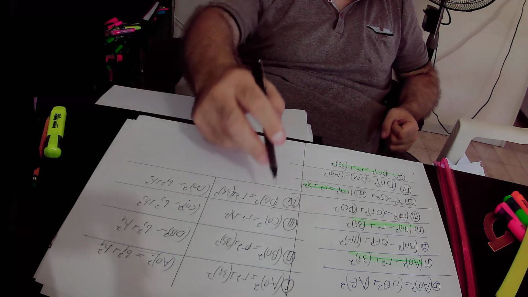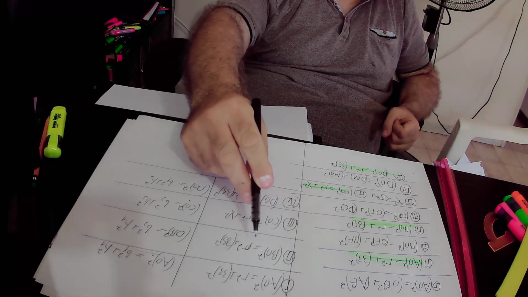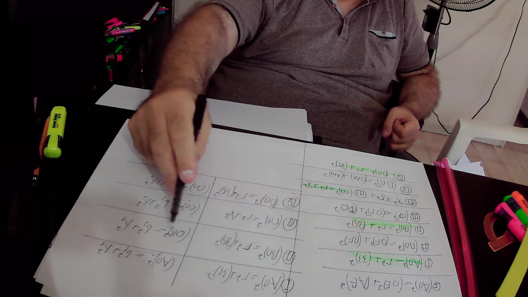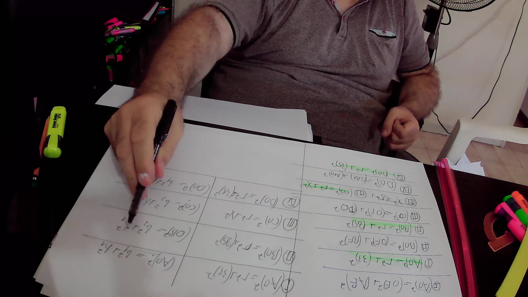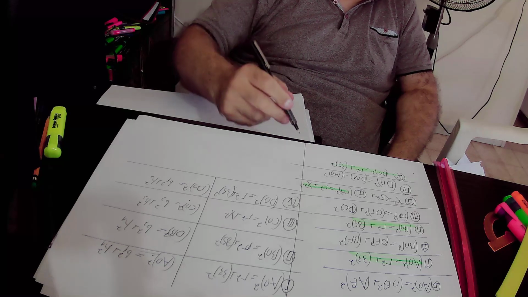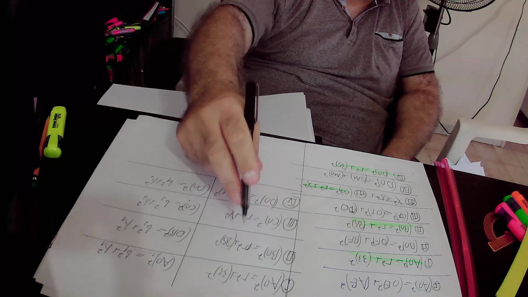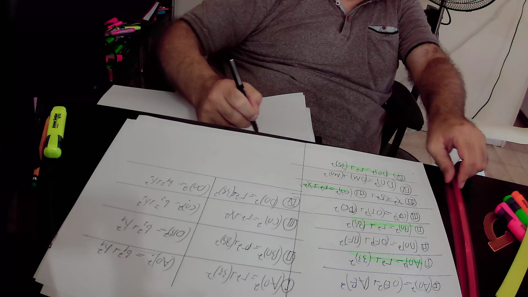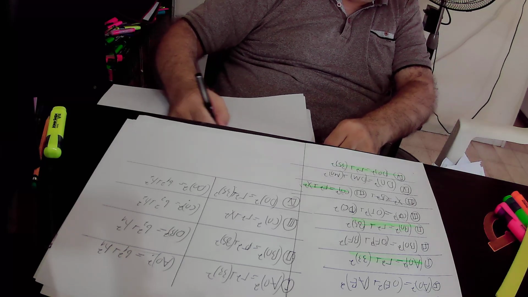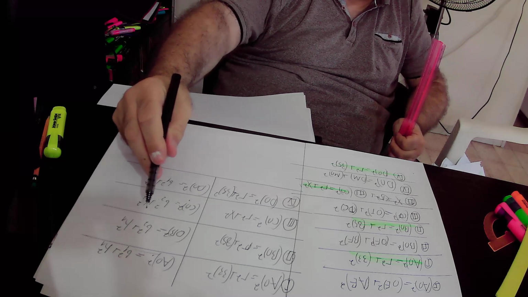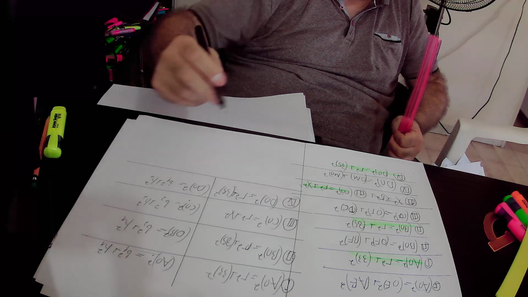Here, AO square according to the first equation must be equal to AO square according to the second equation. That is to say, AO square according to the first equation is R square plus 33 square, and it must be equal to AO square according to the second equation, that is B1 square plus H1 square.